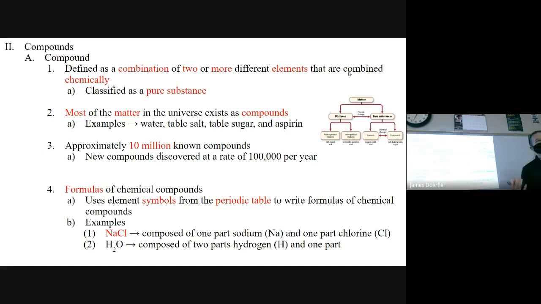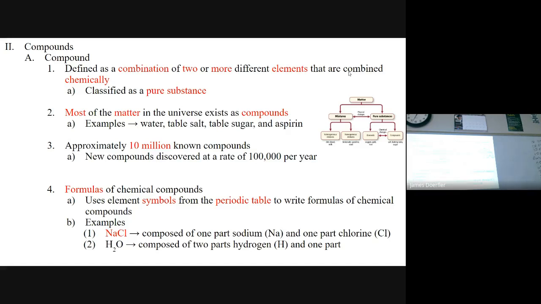Now, over the next probably 10 weeks or so that we have left, we're really going to be looking at chemical formulas. So we have to know how to do that and how to form them. But first, we have to know what they're made of. Chemical formulas use the element symbols from the periodic table so that we can identify the compounds.